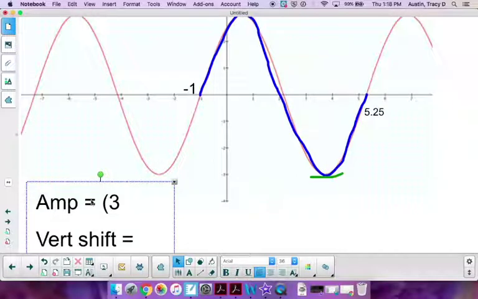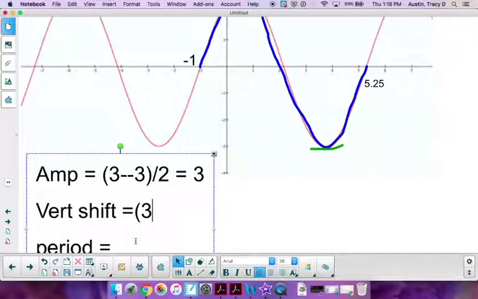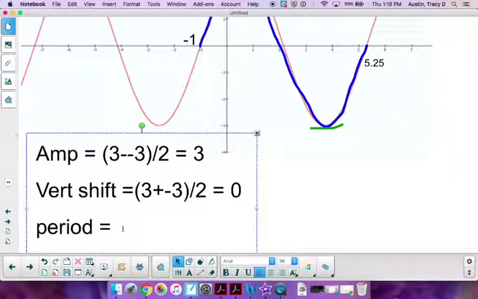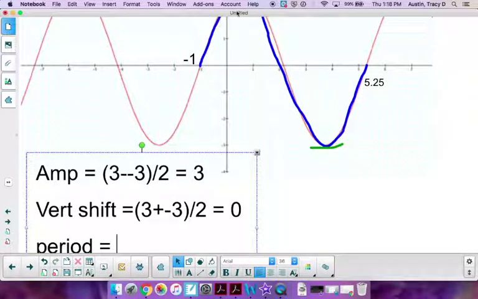Again, max minus min divided by 2. Amplitude is 3. Max plus min divided by 2 equals our vertical shift, which is 0 in this case. All right, so the period: how long does it take for one full curve?